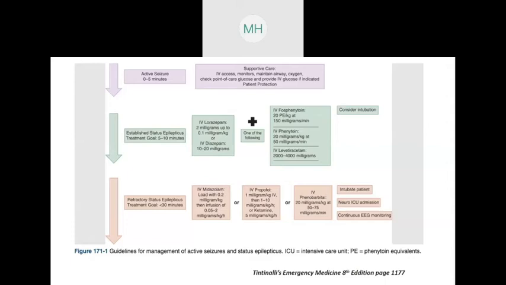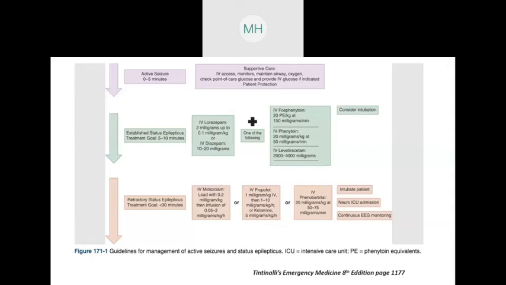Okay. If the patient is at another level, which is refractory status epilepticus, the patient still has seizures, so we should add on another type of anti-epileptic drug, and this patient is a good candidate for intubation to protect the airway, as well as to give sedation to the patient.